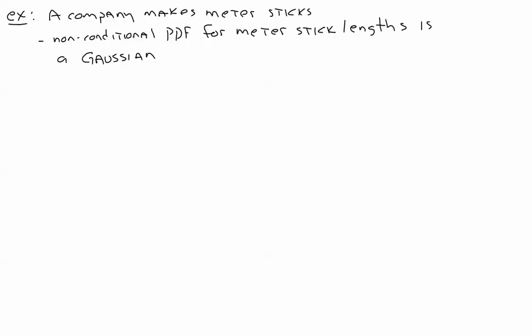The non-conditional PDF describing the length of all the meter sticks that come off the production line was determined to be Gaussian.